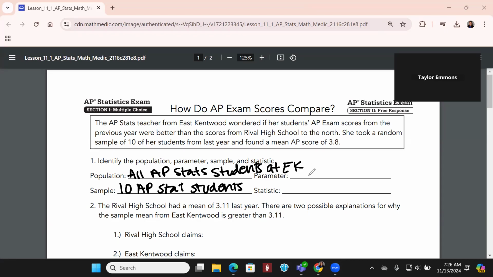What's the parameter? Well, we're talking about mu, which is the true mean AP score at East Kentwood. And the statistic that they found was X bar equals 3.8.